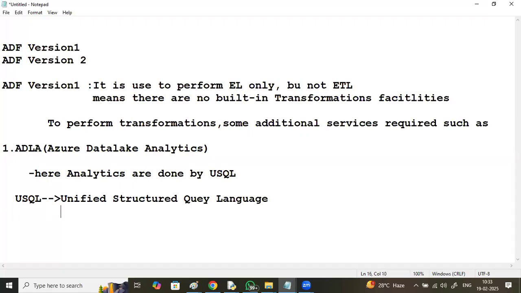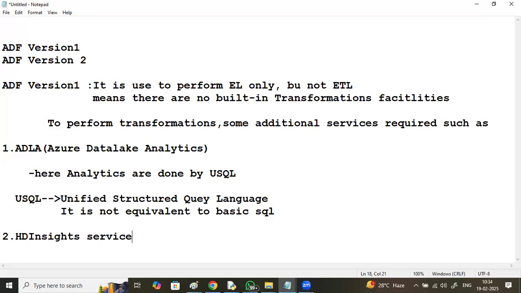It is not equivalent to basic SQL. Secondly, you need knowledge of Azure Data Lake Analytics. Second thing is you need knowledge of HDInsights. HDInsights means Hadoop Insights.